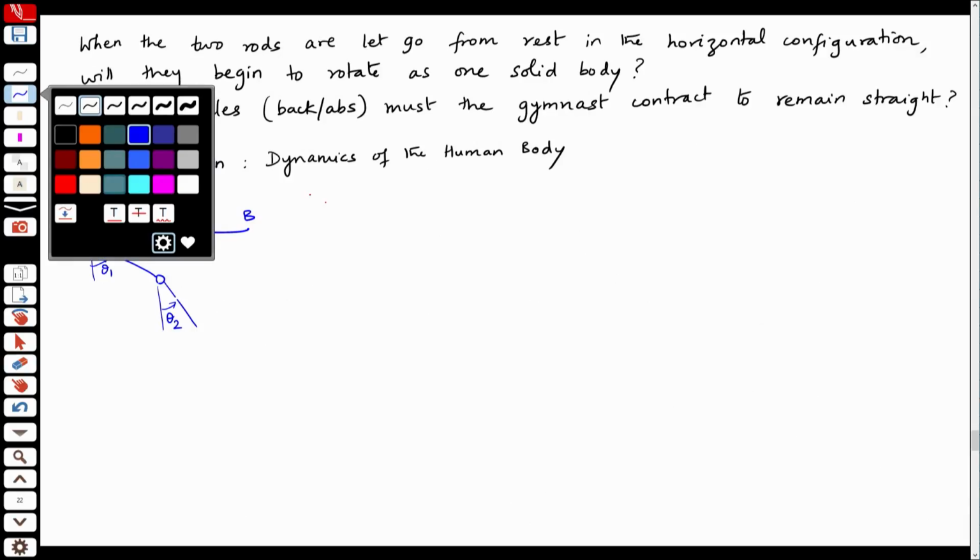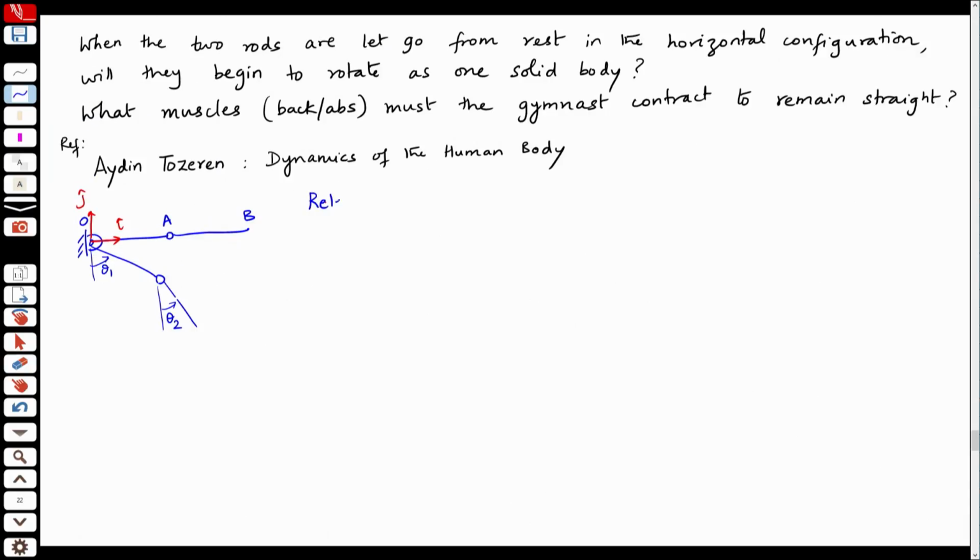Since the rods are released from rest, theta 1 dot equal to omega 1 equal to 0, and just for simplicity I will designate theta 2 dot as 0.